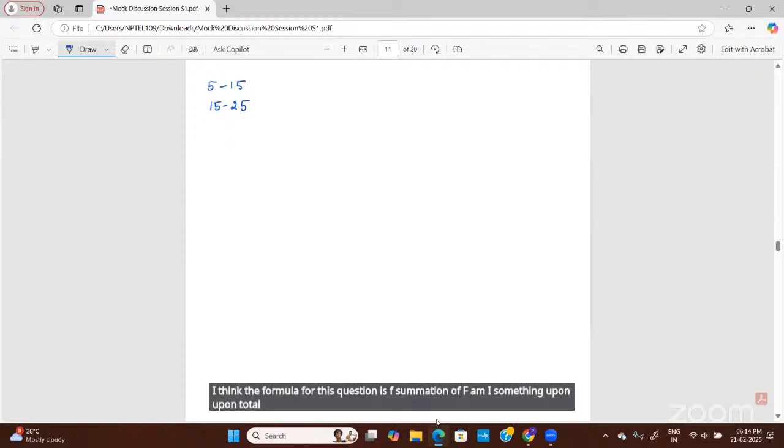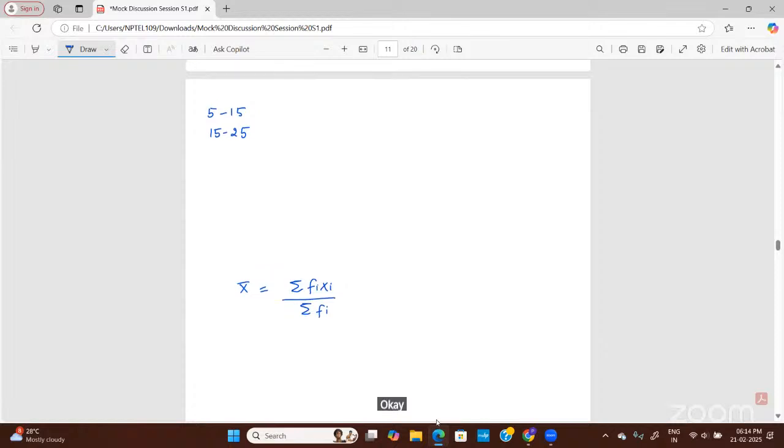The formula is the summation of f into x divided by the summation of f. So x bar will be equal to summation of fi into xi divided by summation of fi.